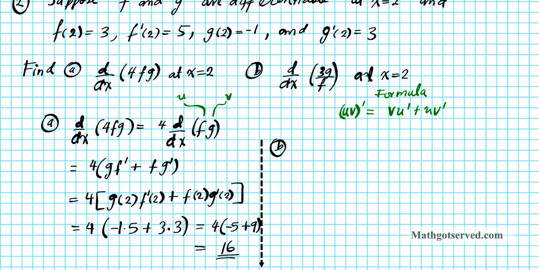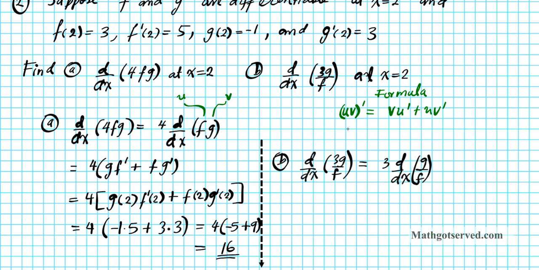For the B part, we're looking for the derivative d/dx of 3g over f. In this case, we can use the constant multiple rule and factor out 3, so 3 times the derivative of g over f. Alright, so what formula are we going to use here? We're going to make use of the quotient rule.